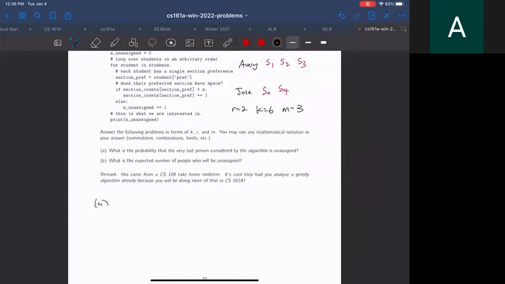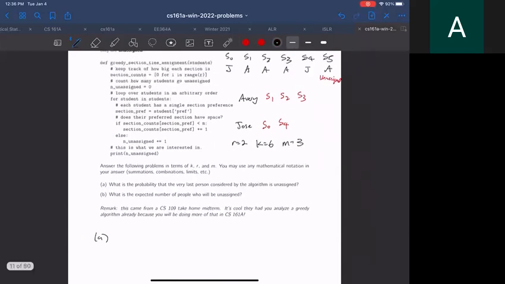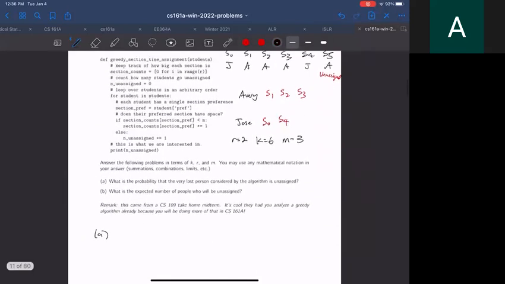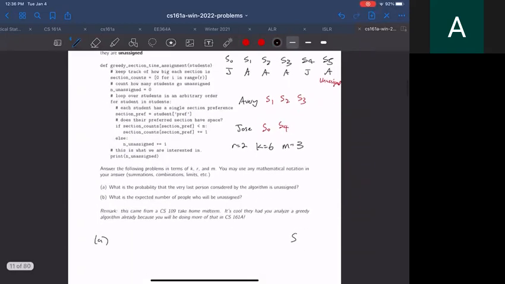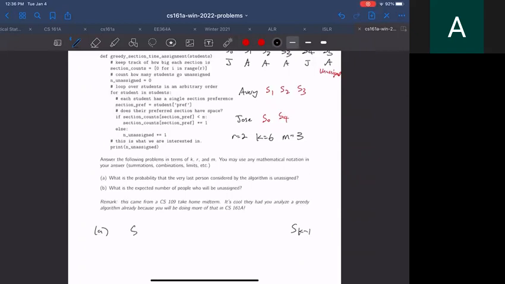All right, so let's try to consider what needs to happen for the last student to be unassigned. So let's say the last student was K minus 1. This is the last student. So there are K minus 1 students in front of them.